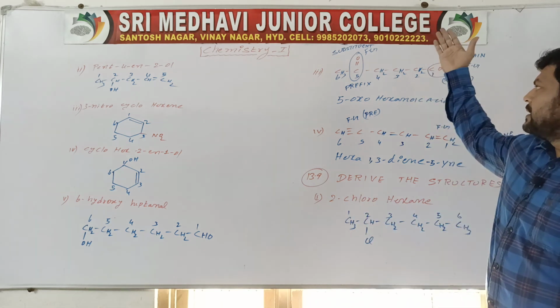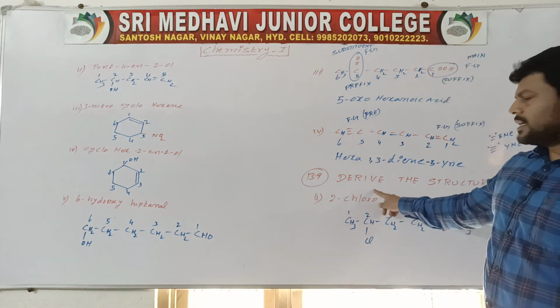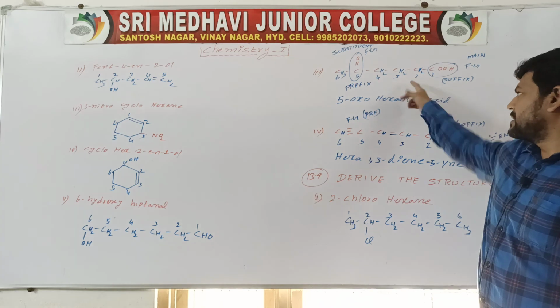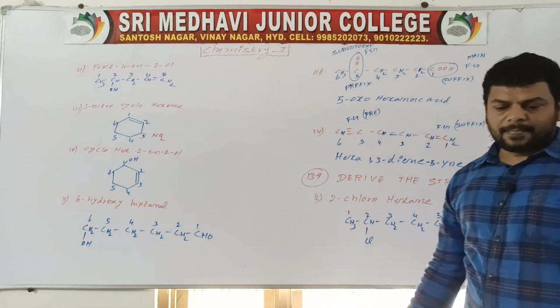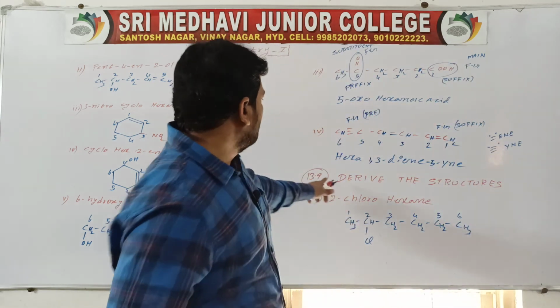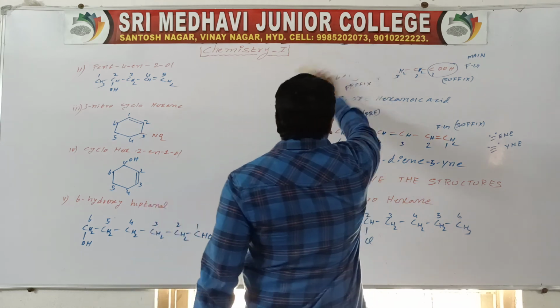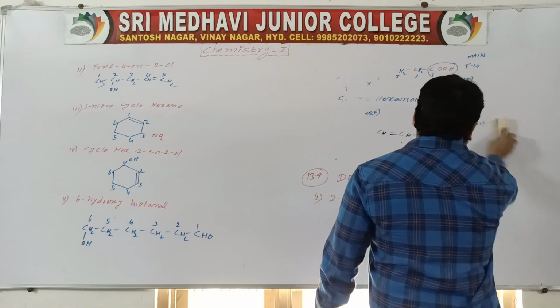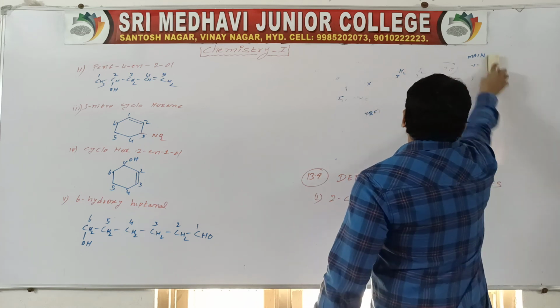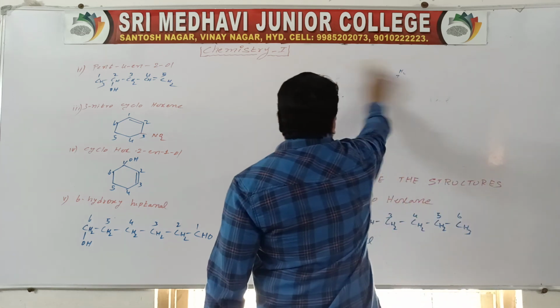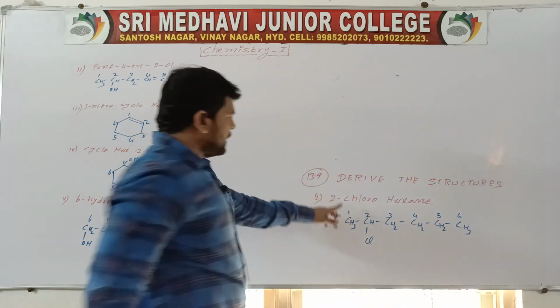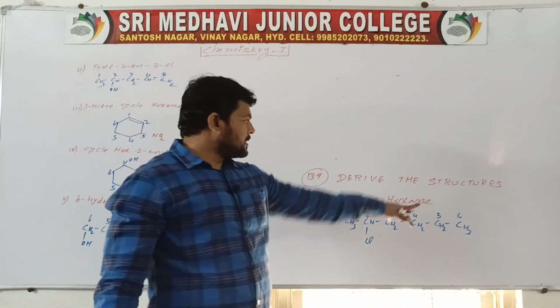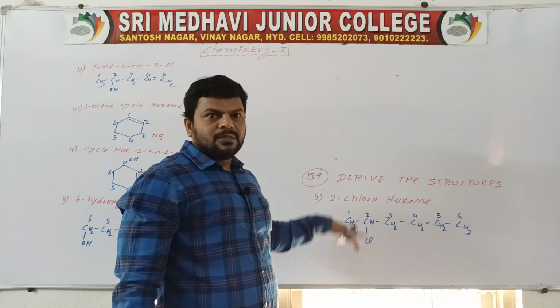13.9, when the name is given, write the structure. This is name given, structure. This is structure given, name. Okay, so this is 13.9, the previous problem. Derive the structures. When the name is given, we have to write structures.